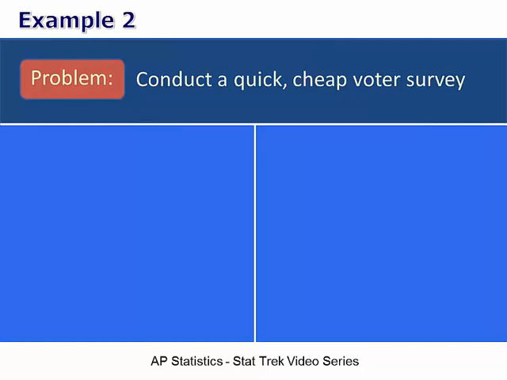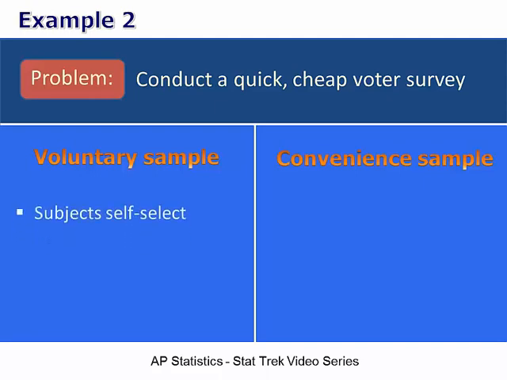Suppose a news program wanted to conduct a quick, inexpensive voter survey. They might consider a voluntary sample or a convenience sample. If they ask viewers to participate in an online survey, they would be using a voluntary sample, since the sample is chosen by the viewers, not by the survey administrator. This type of sample could overrepresent people with an interest in the survey topic, so it could be biased.